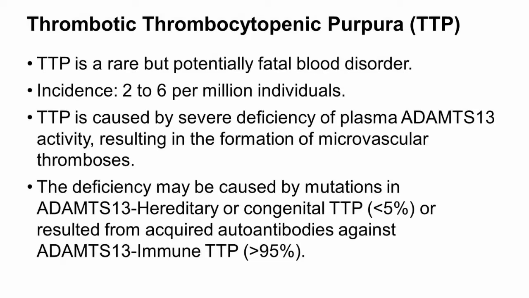The deficiency of ADAMTS13 may be caused by a mutation in the ADAMTS13 gene, known as hereditary or congenital TTP, in short called cTTP. It may also result from an acquired autoantibody against ADAMTS13, known as immune TTP, also called iTTP.